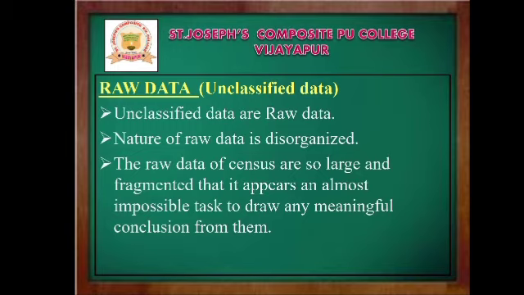So this raw data creates a problem when there is a large amount of data. That is the example of the census of India, which consists of a large amount of data. Suppose we are not making the classification and it is in a disorganized way, then it is very difficult to identify things easily.